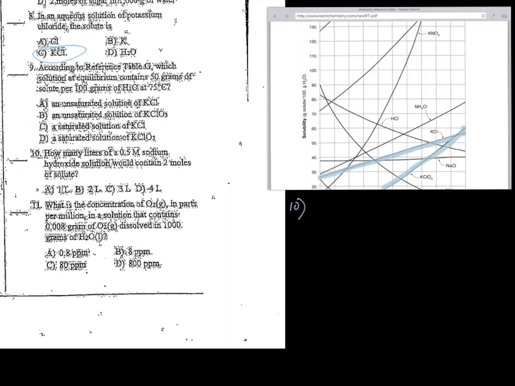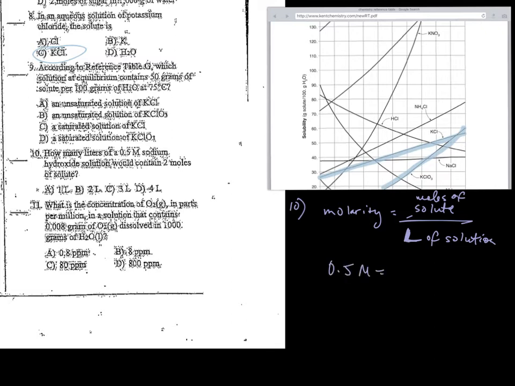Okay, number 10. How many liters of 0.5 molar sodium hydroxide solution would contain 2 moles of solute? So we're going to take a look at our equation. Molarity equals moles of solute over liters of solution. We have a 0.5 molar.